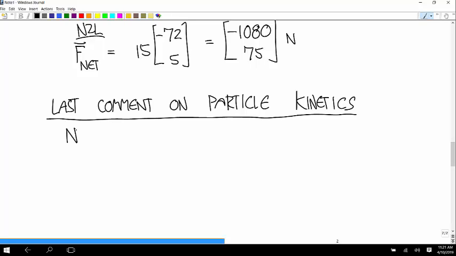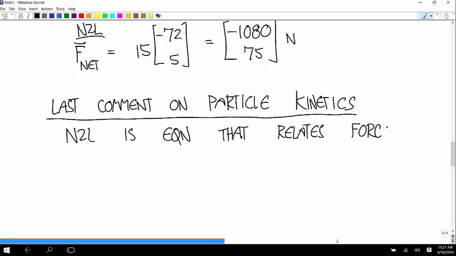Newton's second law is the only equation that we have that relates force and mass to kinematics. It relates it to acceleration.